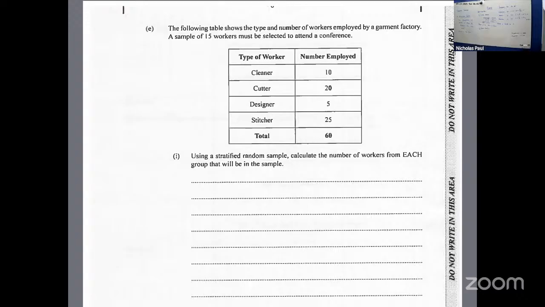So it's 15 people we need, right? 15 from 60. Using stratified random sampling, calculate the number of workers for each group. So basically here you multiply by 15 on 60, which is a quarter, right? So you multiply by a quarter, multiply by a quarter, multiply by a quarter.